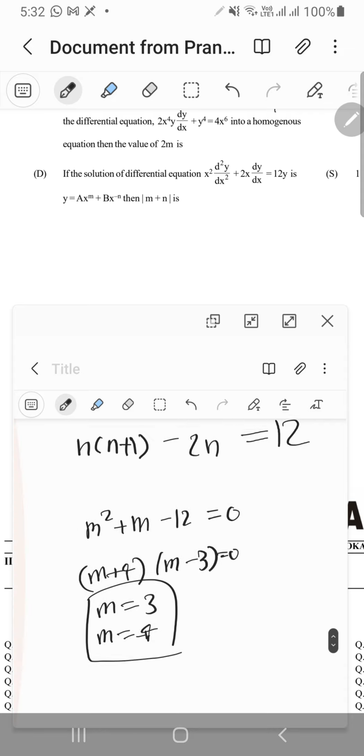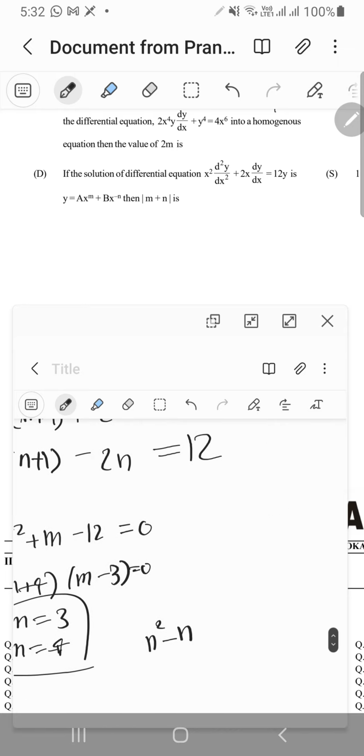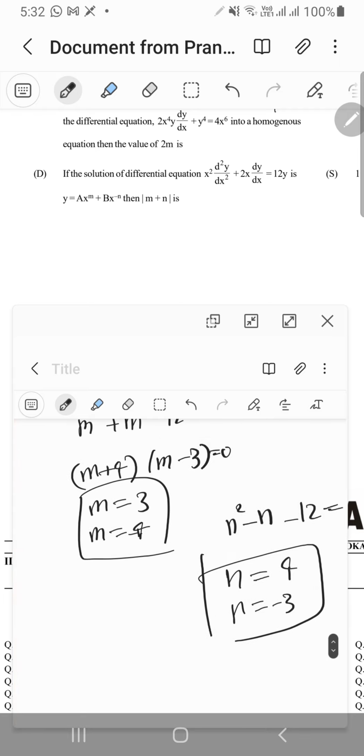And this other equation gives n squared minus n minus 12 equal to 0. So n is 4 or n is minus 3. So then m plus n is either 3 plus minus 3, that would just be 0, or 4 plus minus 4, something like that.